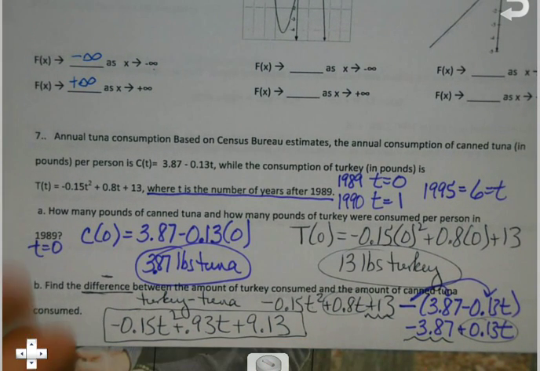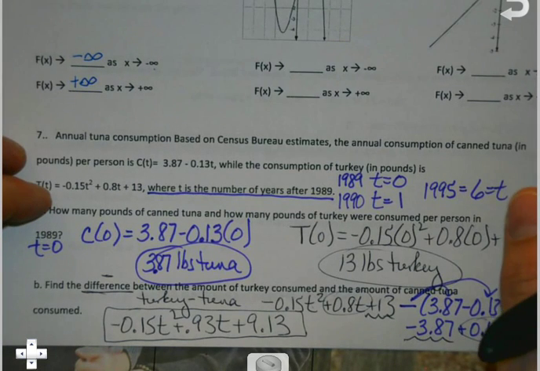So here's what this new function does for me. Now if I'm asked for a particular year, what's the difference in consumption? How much more turkey was eaten than tuna? I just plug those values in here for t and I get the answer. It's kind of nice that way instead of having to do each one separately.